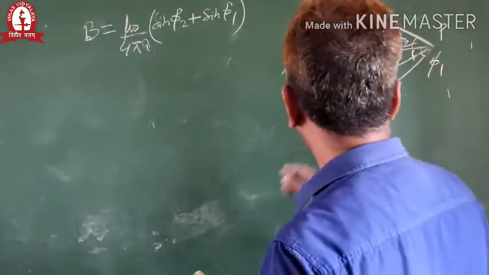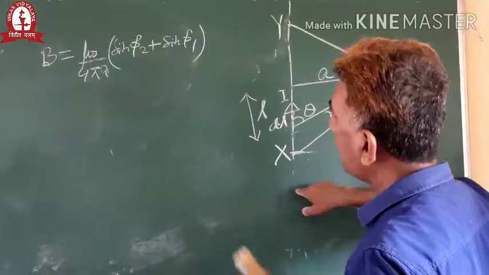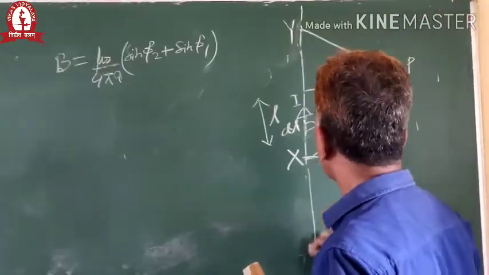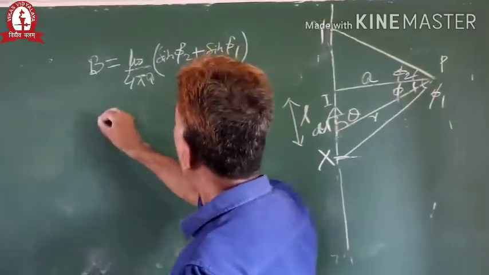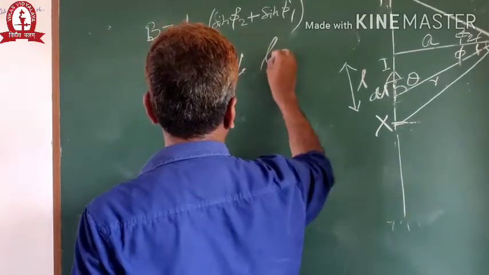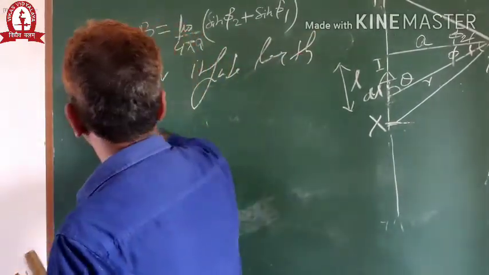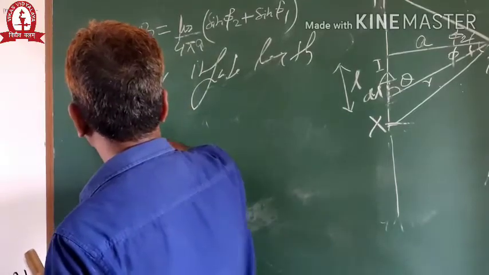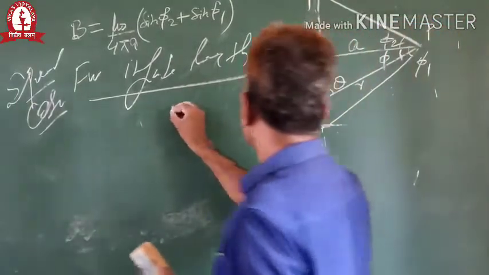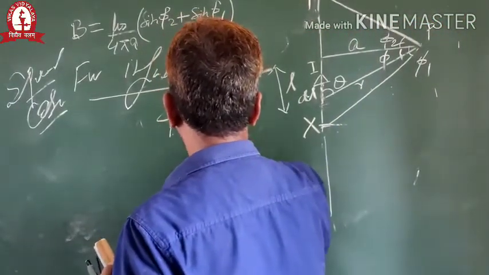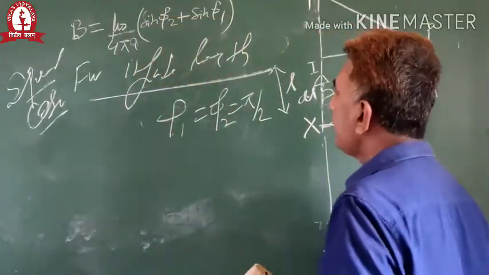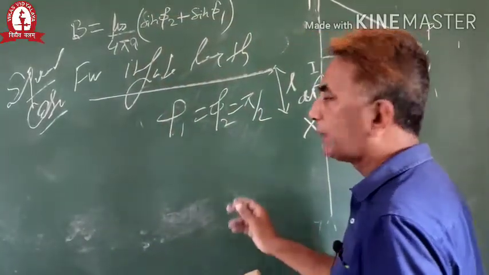Now, we have calculated the magnetic field due to a section of wire, but if the wire is of infinite length, this is a special case I am considering. In this case, phi 1 is equal to phi 2 is equal to 90 degrees, because you know that at the periphery of any circle the angle that it makes is 90 degrees.